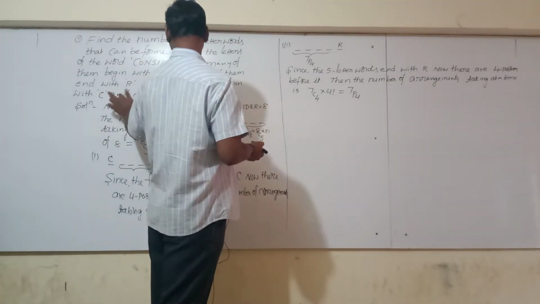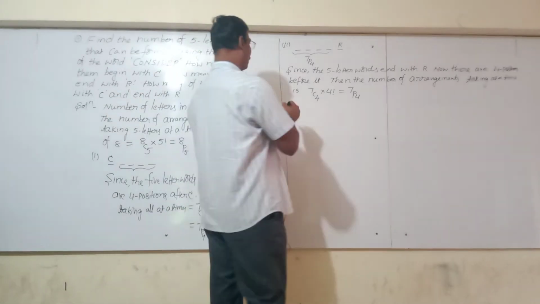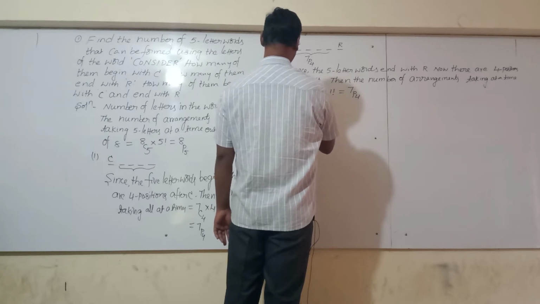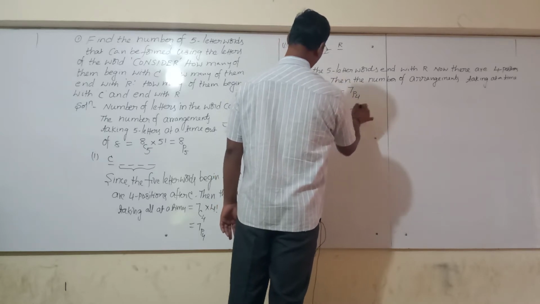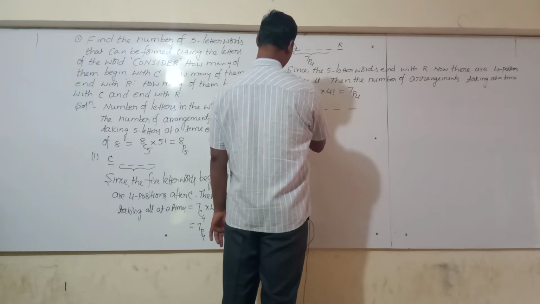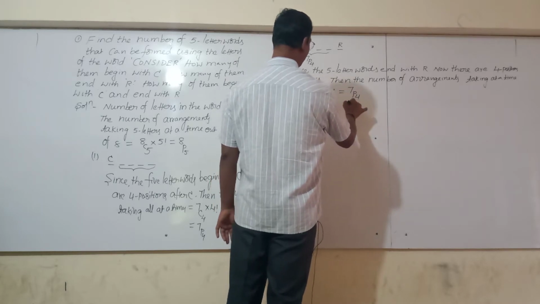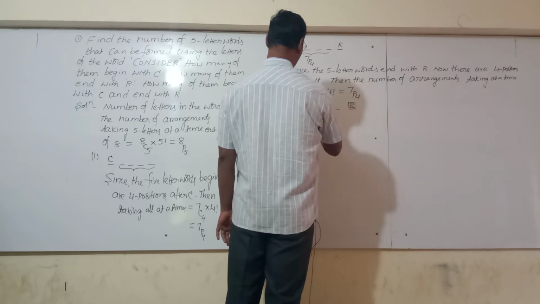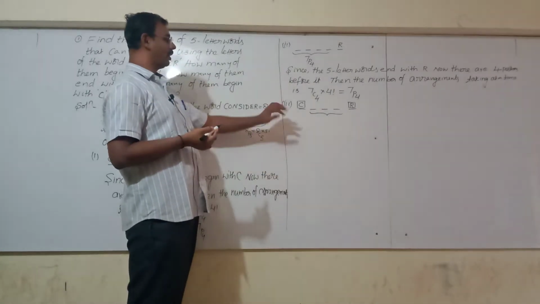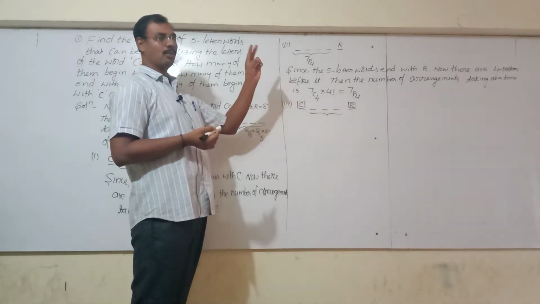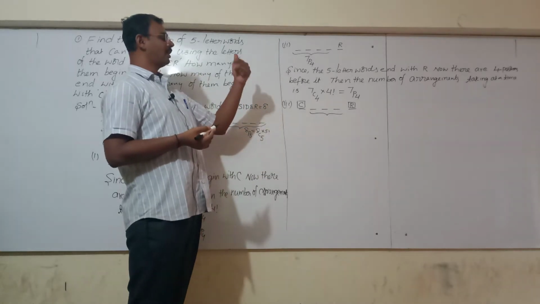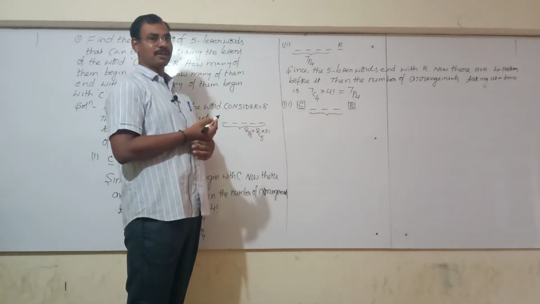Last one, the third question: how many of them begin with C and end with R? So first place you should fill with the letter C, and last place you must fill with R. Now how many positions are left here? Two letters are fixed, C in the first place and R in the units place.